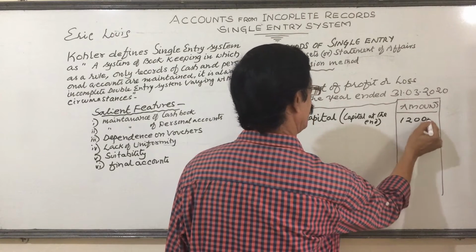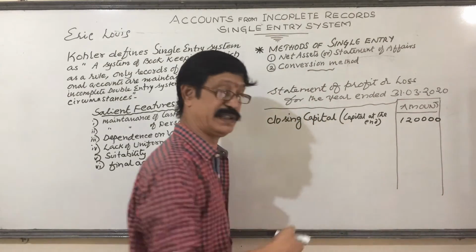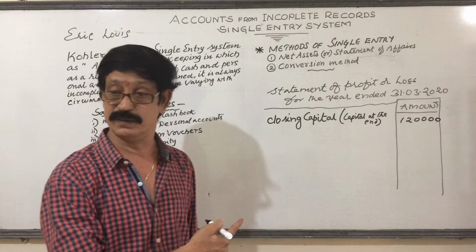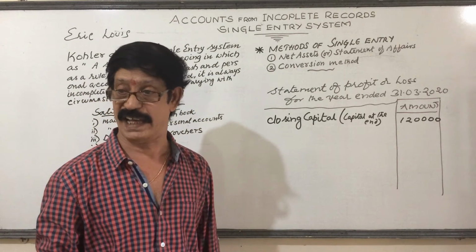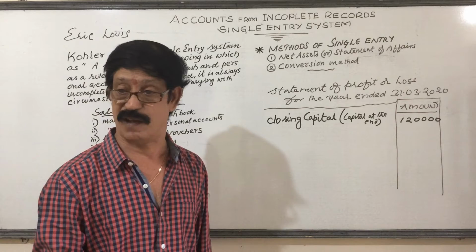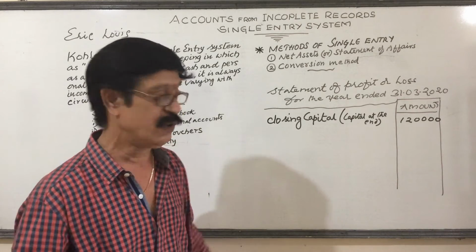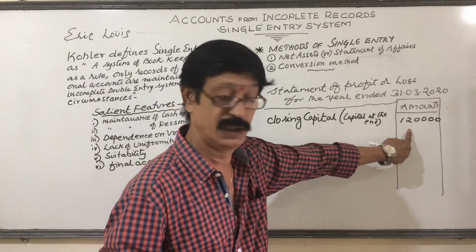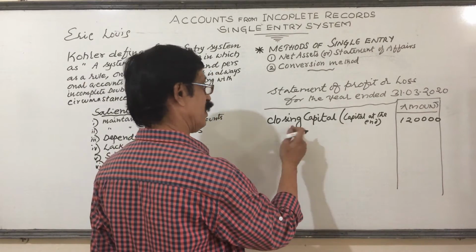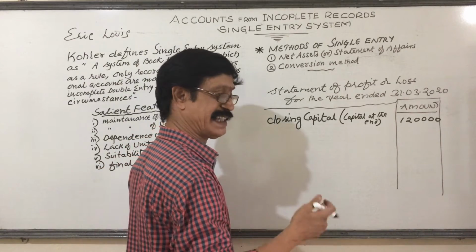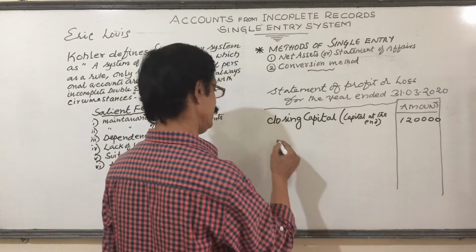Right now our capital is 1,20,000, which we got by preparing the statement of affairs: total of assets minus total of liabilities as on today. That is the closing capital, or capital at the end of the year.